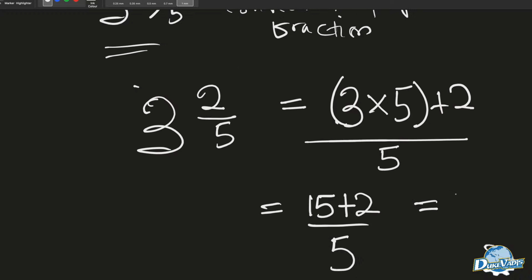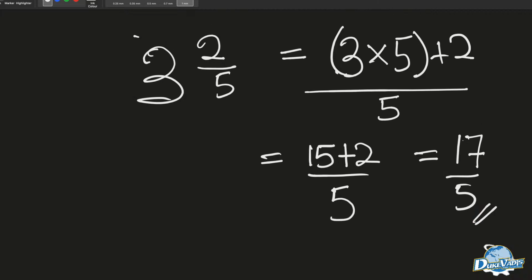So this will give us 17 over 5. So see, this is our fraction. You see that we are able to convert from mixed fraction to a proper fraction.